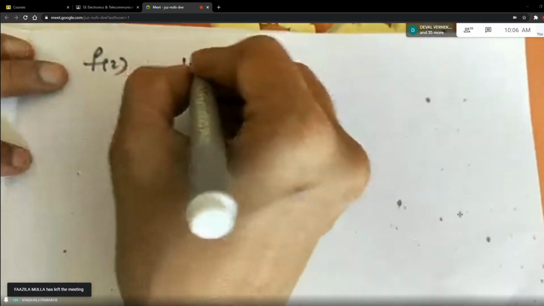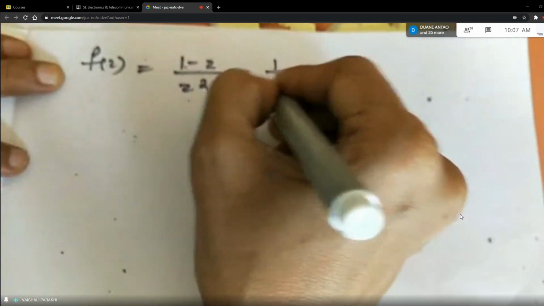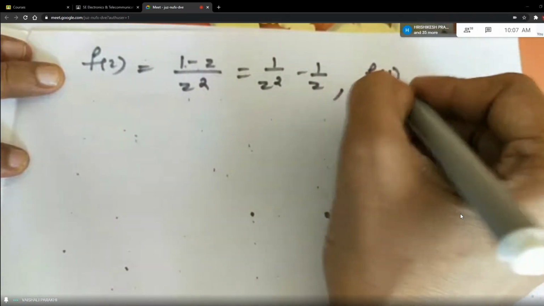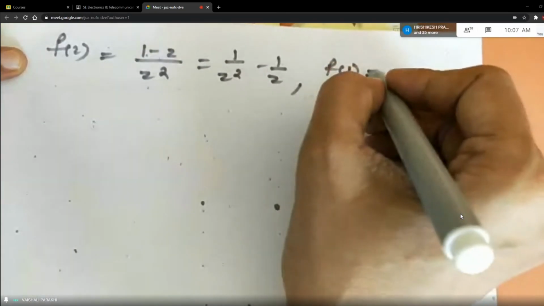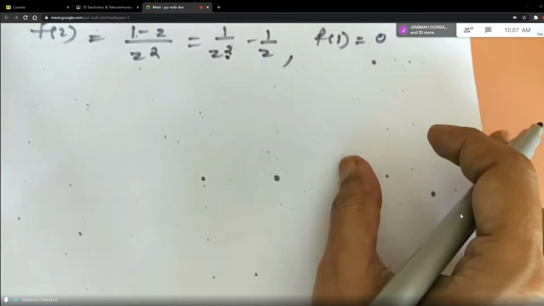Let me write f of z again. f of z is (1 minus z) upon z raised to 2. And then we have split it, right? 1 upon z square minus 1 upon z. What is f of 1 here? f of 1 will be 0. Why? Because z is 1, no? So 1 minus 1 is 0. So I'm getting f of 1 is equal to 0.